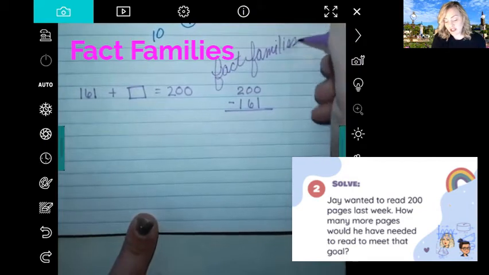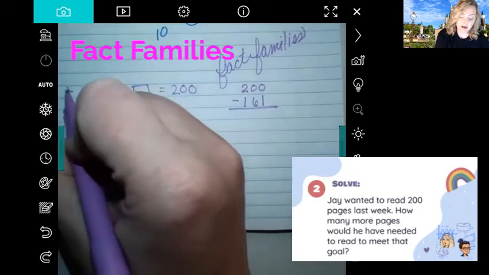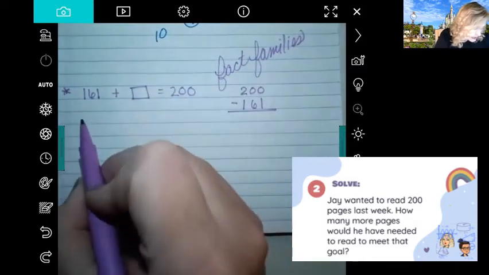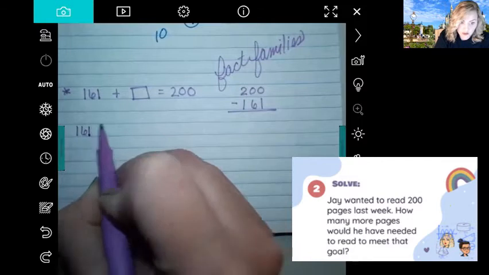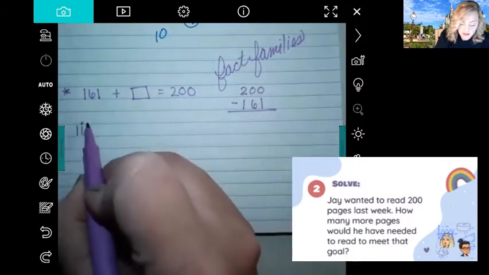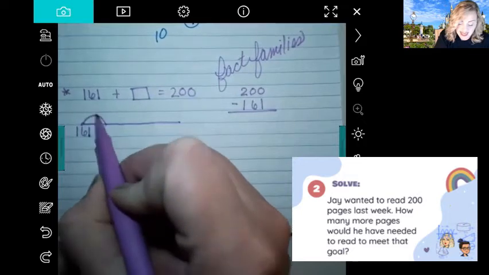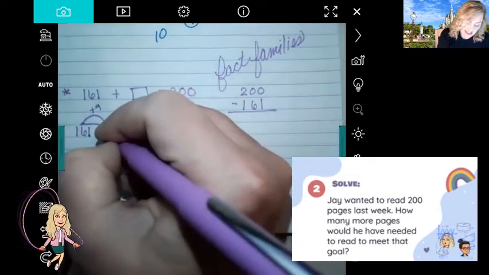So first I'm going to show you this way, which is the way that my brain initially thought about it, using addition to solve for subtracting. So I'm going to start with 161, and I'm going to go up to 200 on my number line. So I know 1 plus 9 would get me to the next 10, which is 170.